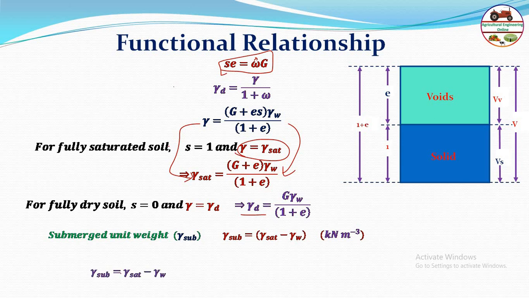Gamma submerged will be equal to gamma saturated minus gamma W, that will be G plus E into gamma W by 1 plus E minus gamma W, or you can say the submerged unit weight will be equal to G minus 1, in this case G instead of G plus E, and 1 plus E will be there and gamma W will be there. So these are the different relationships between the different fundamental properties of the soil.